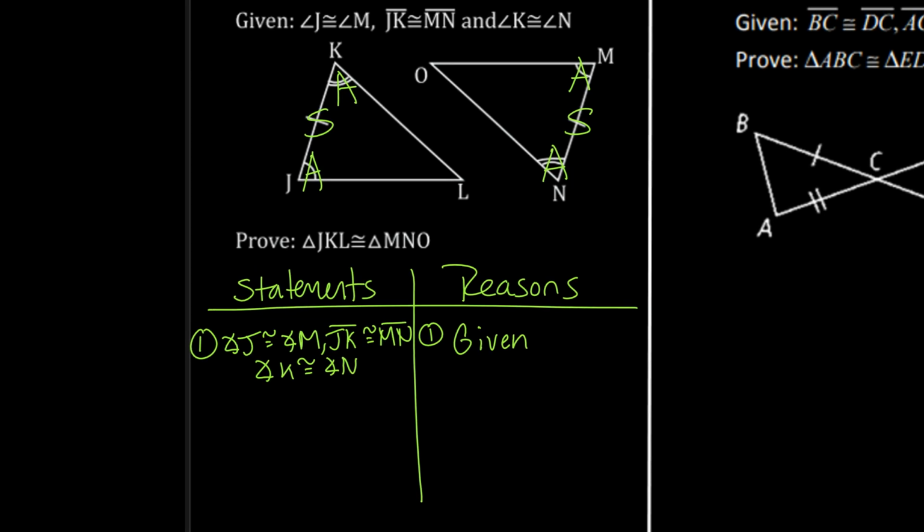So what did I do after I checked that all the givens were marked congruent? Mark them with A's and S's, and I realized that these two triangles are congruent by ASA. So boom, I can now state that triangle JKL is congruent to triangle MNO, and how do I know?